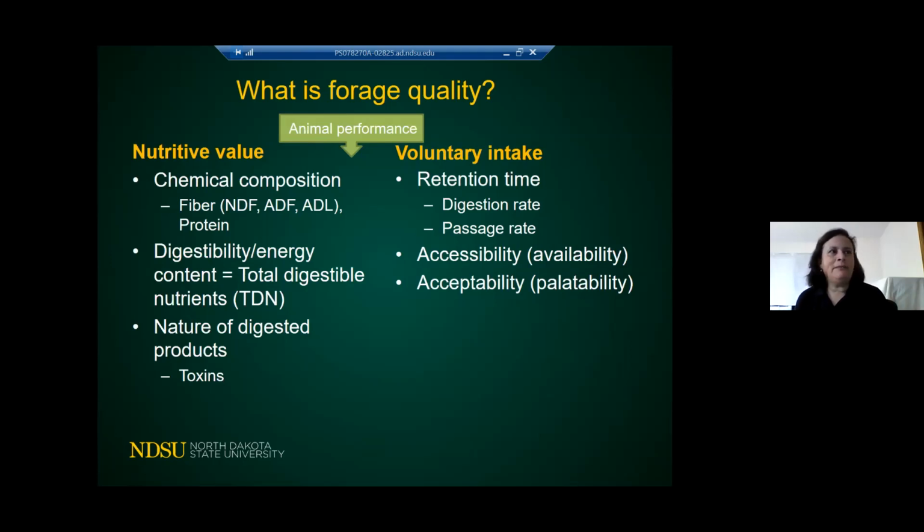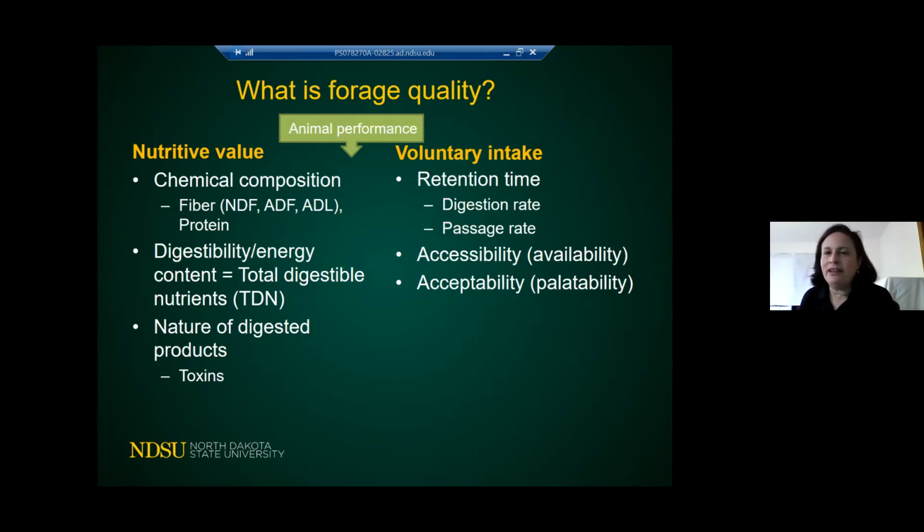So the chemical compositions are important, the types of fiber. There are different components here, fiber, protein. Protein is not the only thing that is important in quality of forages. Then digestibility or energy content, that we usually translate into something called total digestible nutrients, and other things.